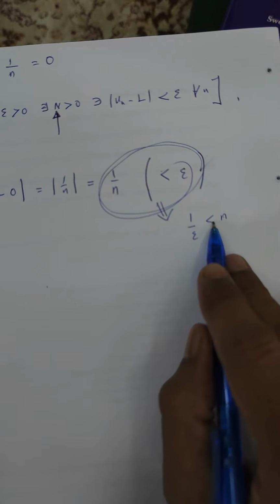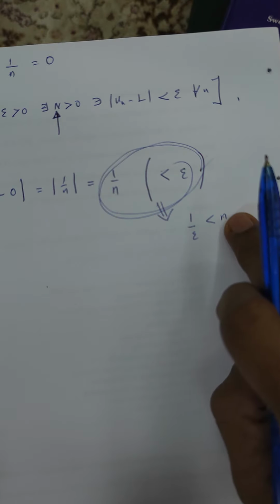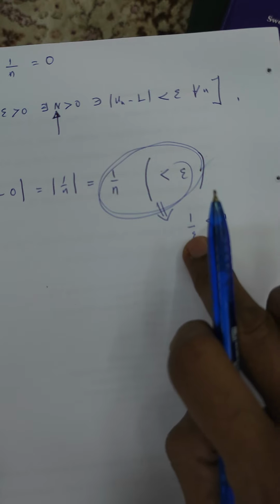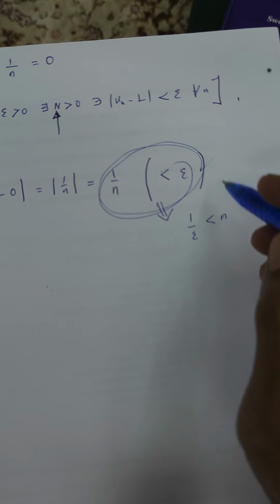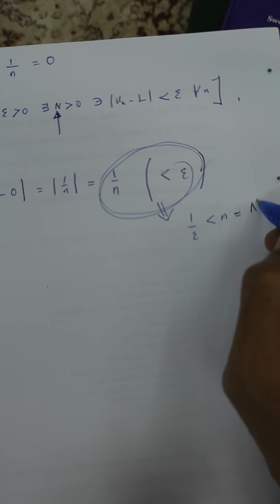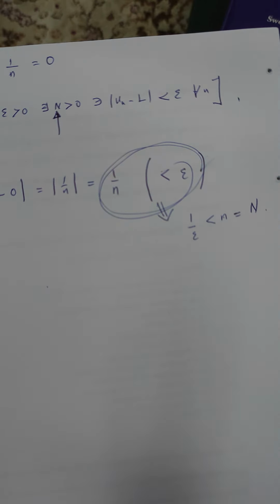So we have all n greater than 1 over epsilon.